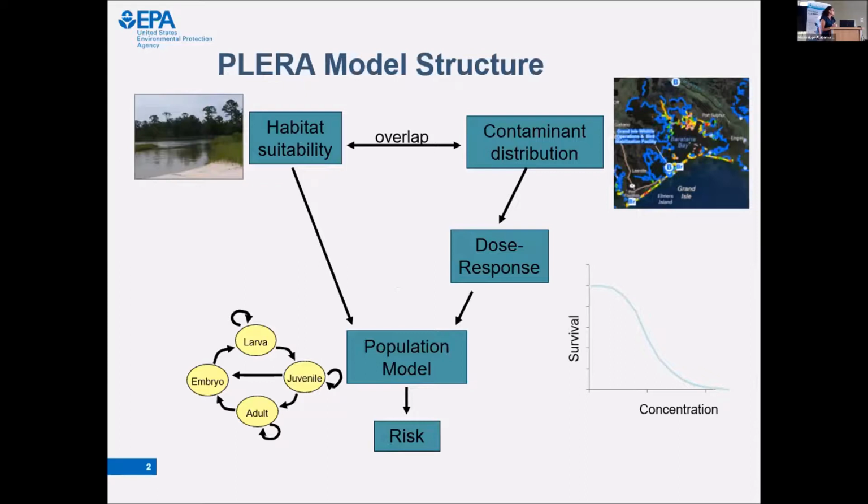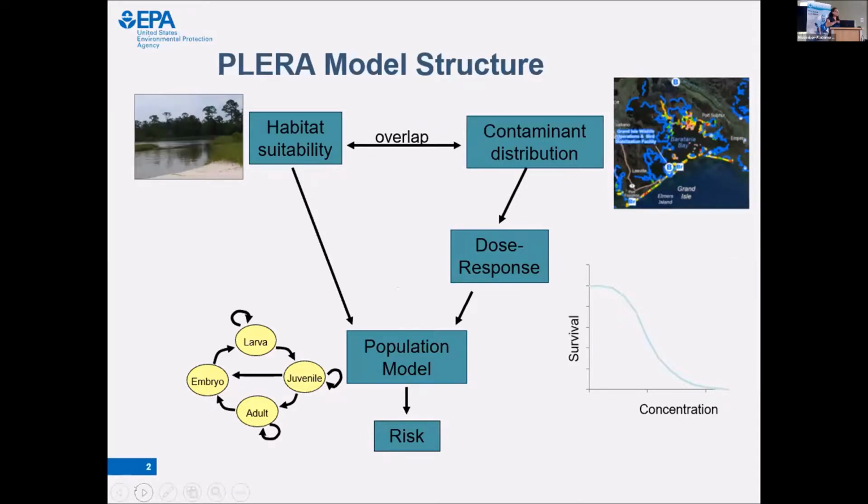So the model that I'll be talking about today basically has 4 different levels, the most complex models that I'll be showing you. We start with habitat suitability, and this tells us basically where we can expect to find the species within the region that we're concerned. We overlay that with a contaminant distribution layer. So in this case, we're looking at oil distribution throughout Barataria Bay.